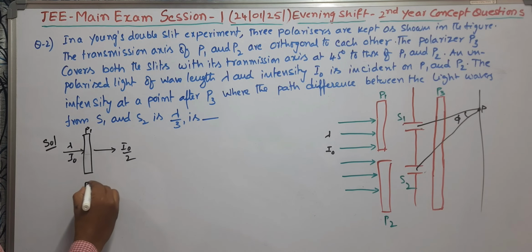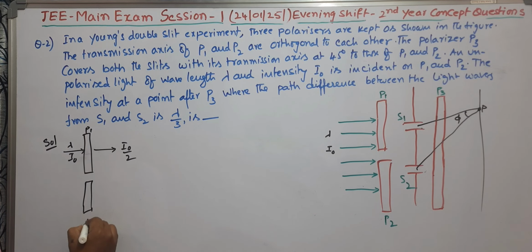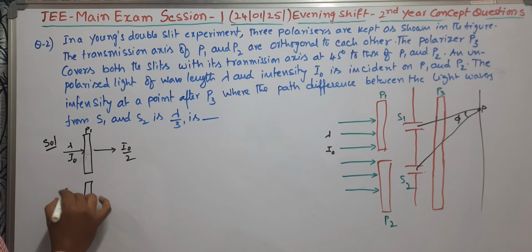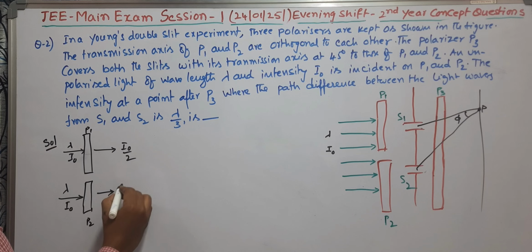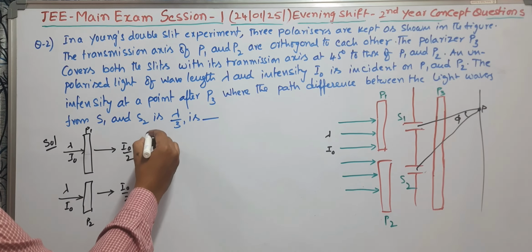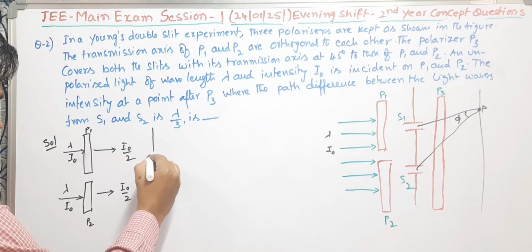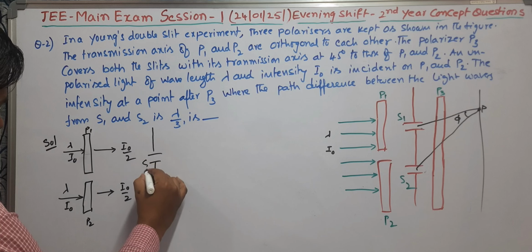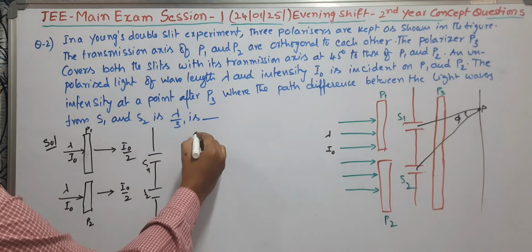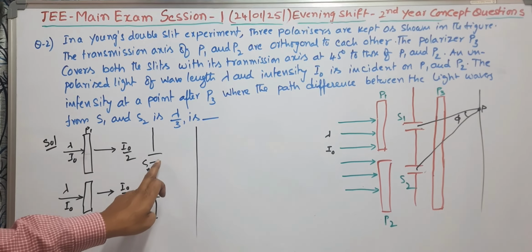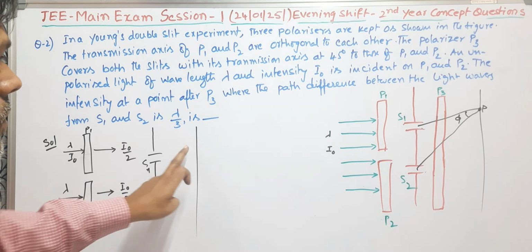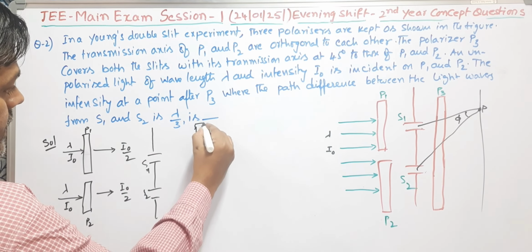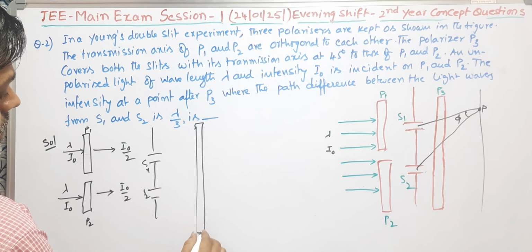Similarly, the second polarizer P2 also has incident light of wavelength lambda and intensity I naught, and the transmitted intensity is I naught by 2. Now these two pass through slits S1 and S2, and then pass through the third polarizer P3.